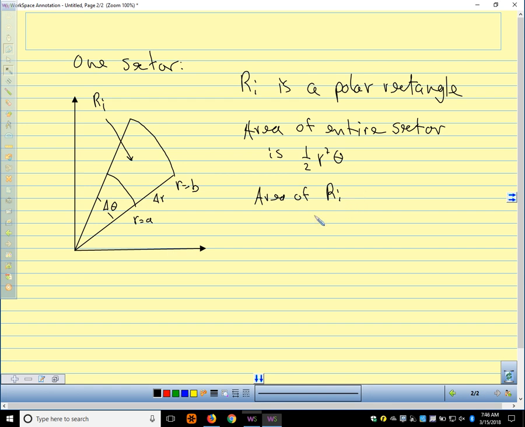So our area is 1/2 b squared delta theta minus 1/2 a squared delta theta. That's just to get the area of that one little piece. Could you factor into 1/2 delta theta times b squared minus a squared? That's exactly what we're going to do. We're going to say 1/2 b squared minus a squared times delta theta.